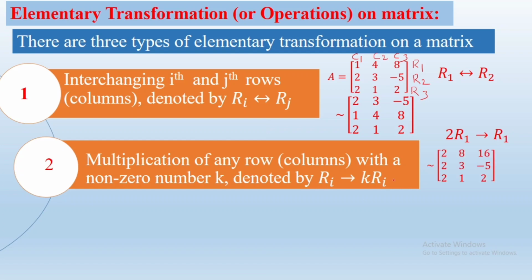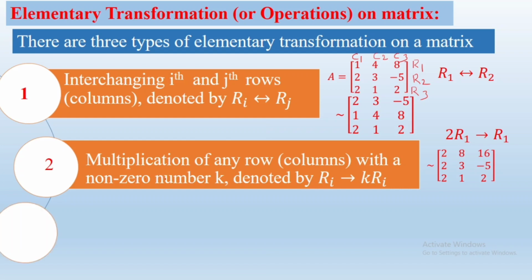So let us see. Here the first row is 1 4 8, so multiply by 2: 2 into 1 is 2, 2 into 4 is 8, 2 into 8 is 16. The rest of the two rows are the same, friends. Similarly we can multiply any non-zero number to R1, and similarly R2, R3, and then C1, C2, C3. This is the second elementary transformation.